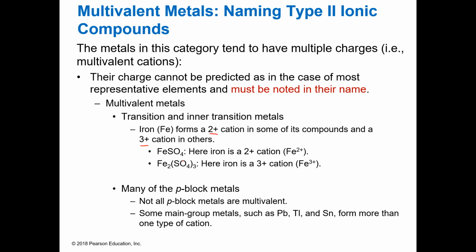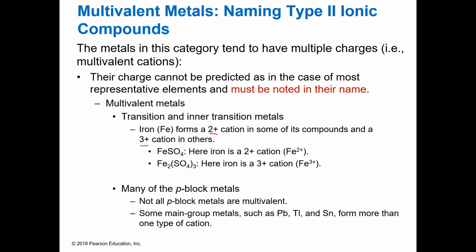So our transition metals need a way for us to distinguish which iron we're talking about. So our transition metals are called multivalent metals because they can have more than one type of charge. We're going to end up representing them with Roman numerals, and I'll show you this in just a second.